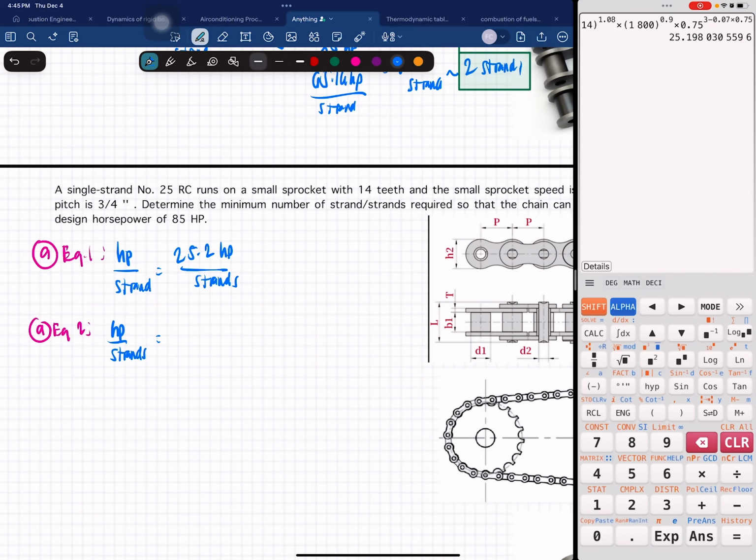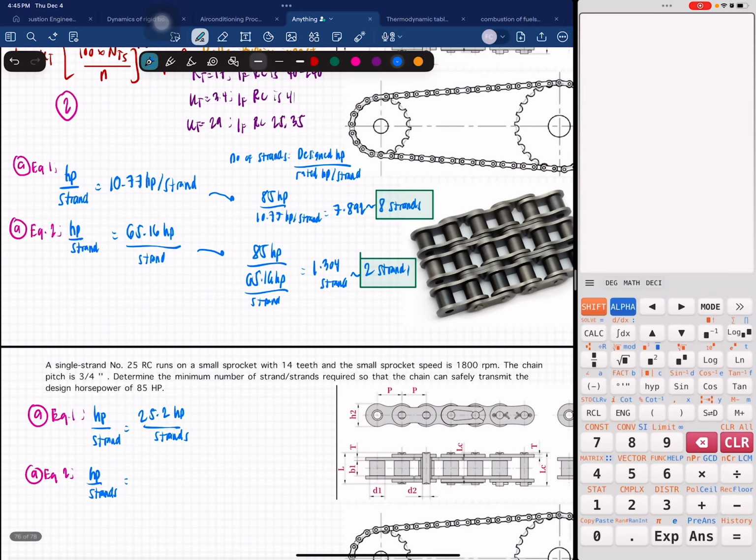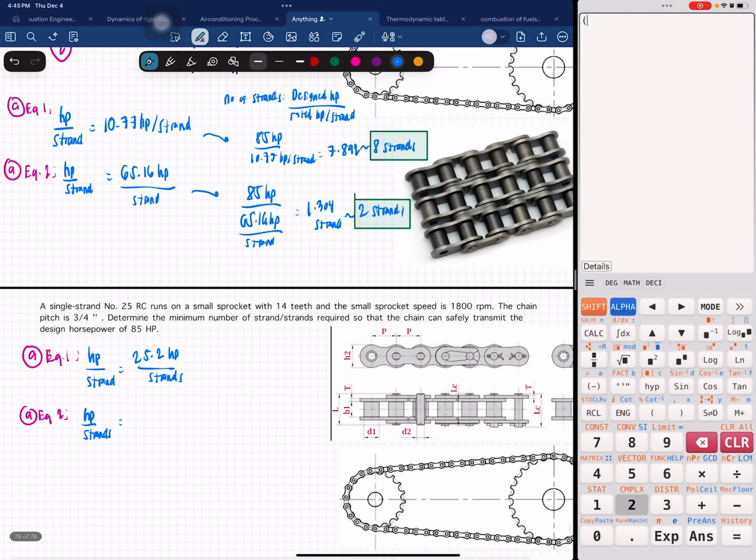Okay, now if you use the roller bushing impact equation, HP per strand is now, we are still using 29 since the roller chain number hasn't been changed.